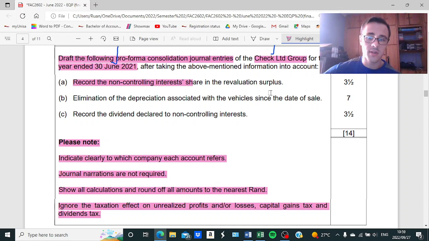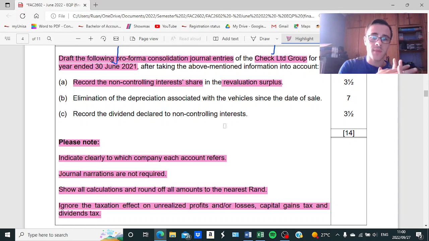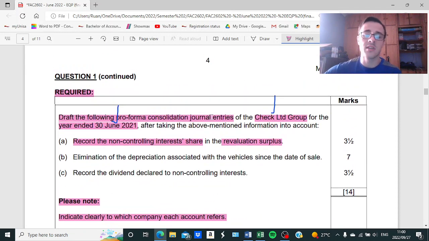So what we will do is go to additional information and search for the point that deals with firstly non-controlling interest, so the point that addresses the parent's share in the equity of the subsidiary, because we will use that to calculate the NCI's percentage, as you will show in your analysis of owner's equity. And we also have to look at the points that address revaluation surplus, both at acquisition and since acquisition to the beginning of the current year as well as for the current year.